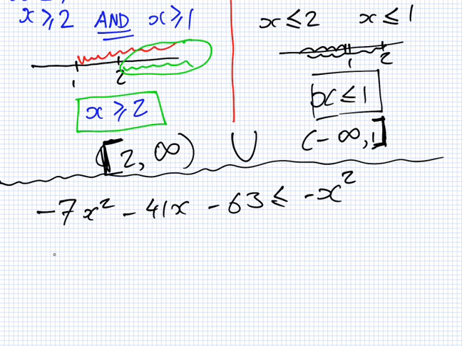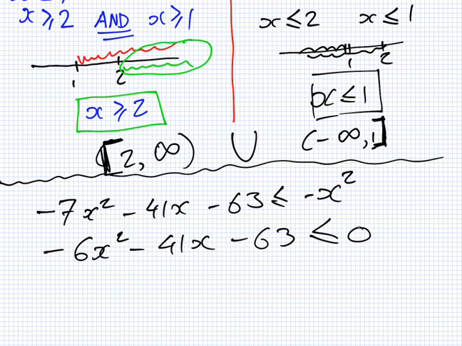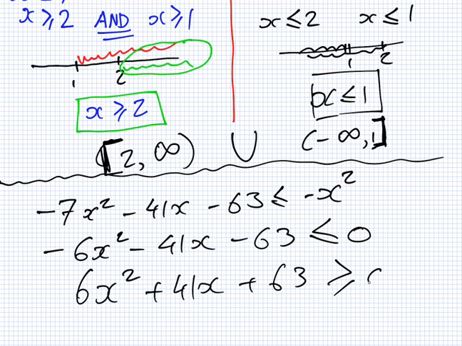So now I get minus 6x squared minus 41x minus 63 is smaller than or equal to 0. If I don't like the minus here, I can just multiply everything by minus to get rid of it. 6x squared plus 41x plus 63 bigger than or equal to 0.